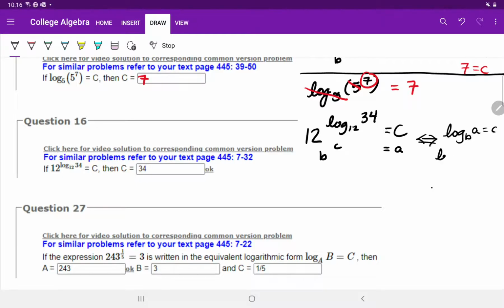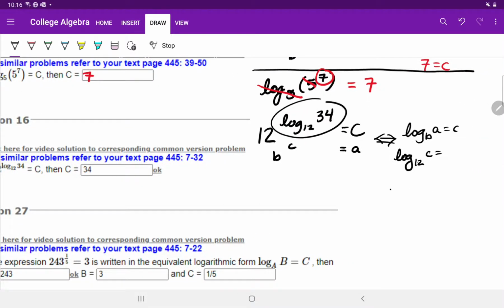So that would give us log base 12 of c equals this, which is log base 12 of 34. Well, if log base 12 of c equals log base 12 of 34, then necessarily c has to equal 34.